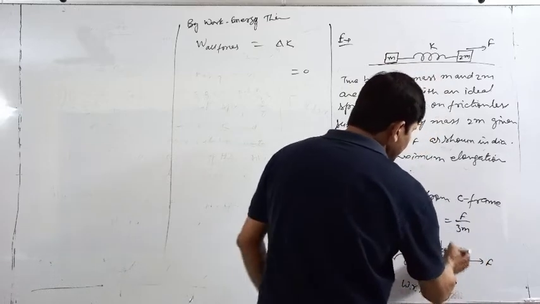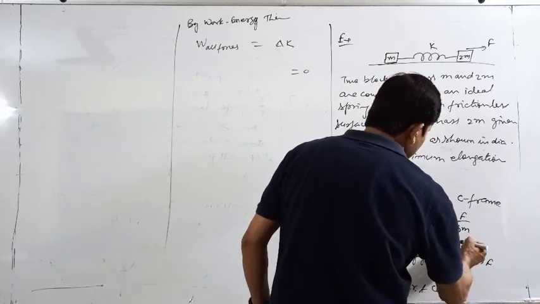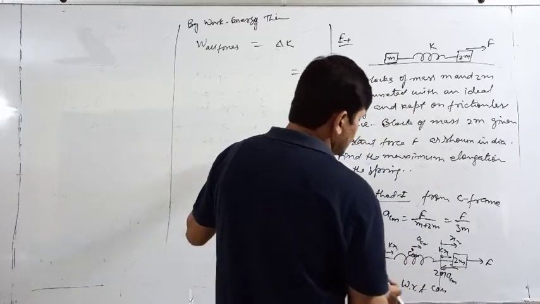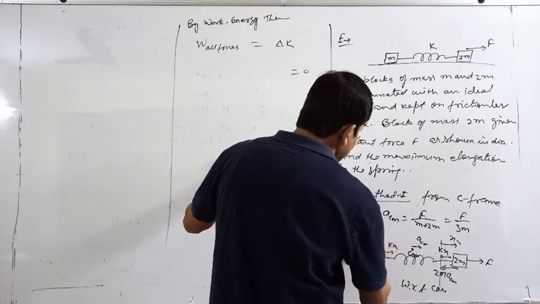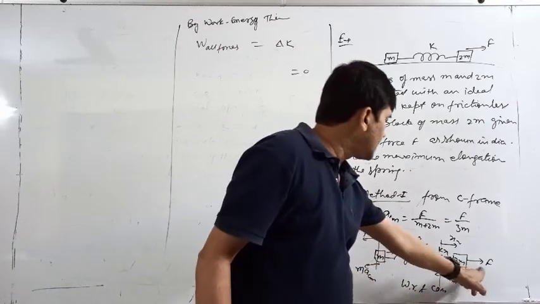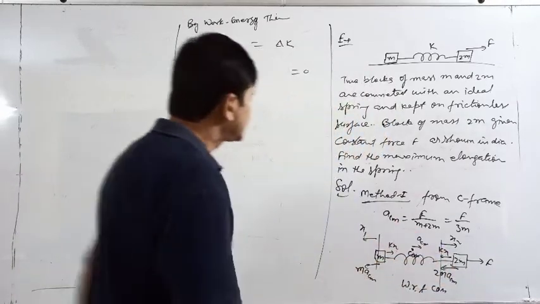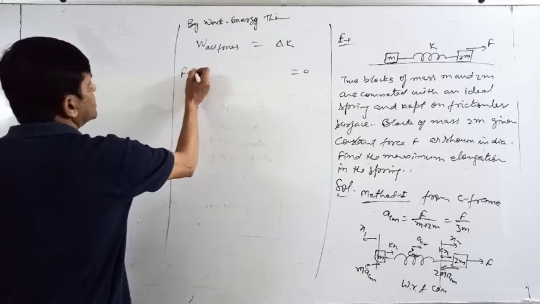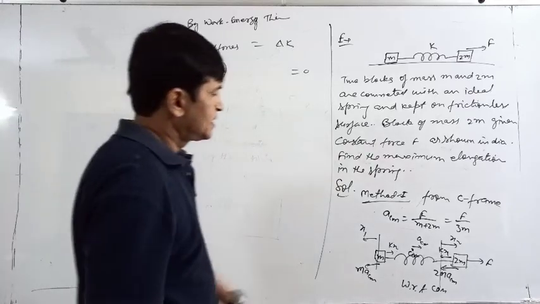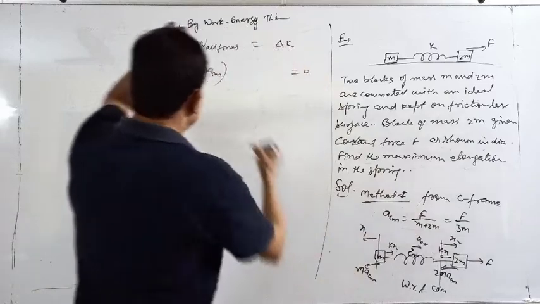This was earlier here, it has been displaced by x2. This has been displaced by x1 in that side. So work done by all forces, F minus 2m ACM into x2.